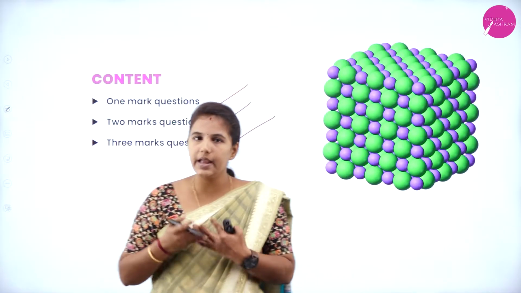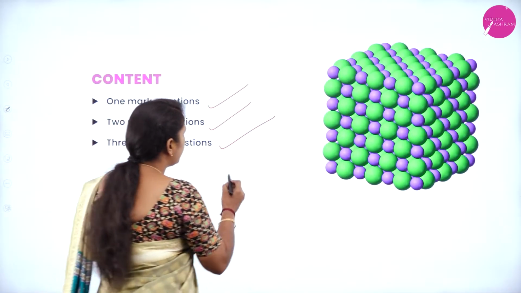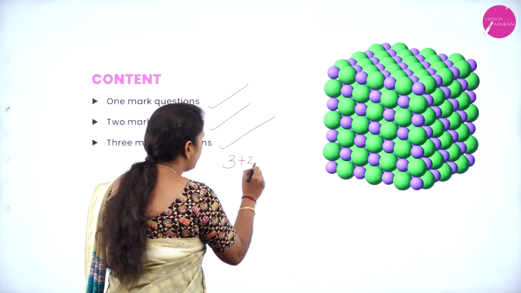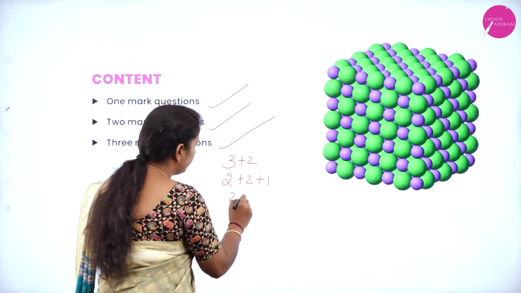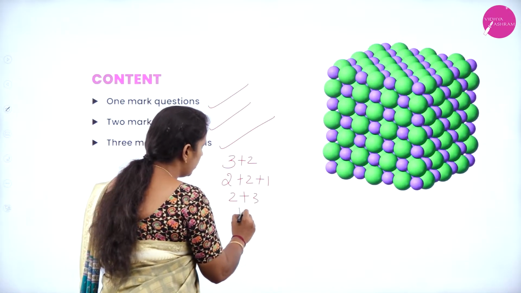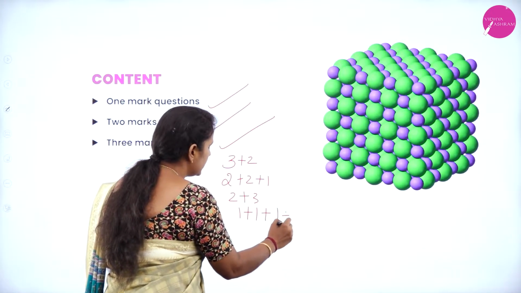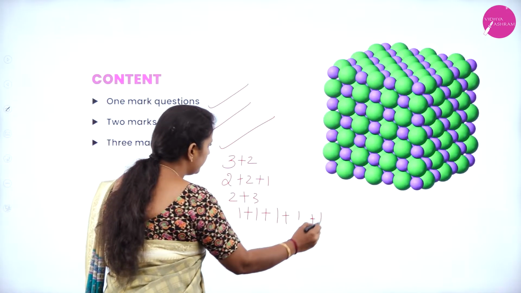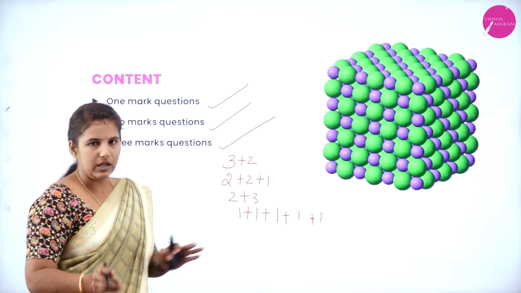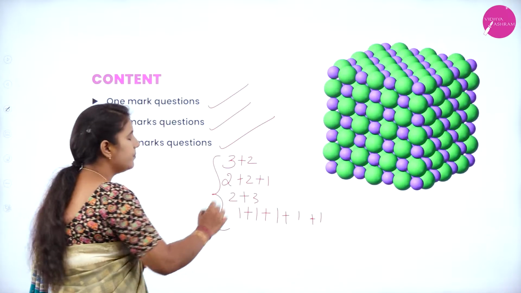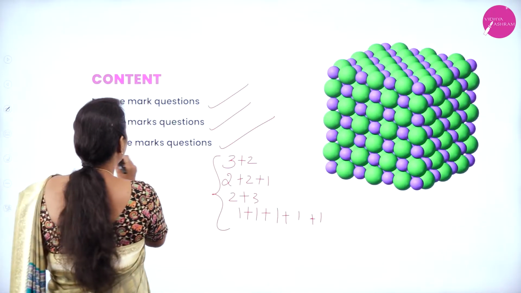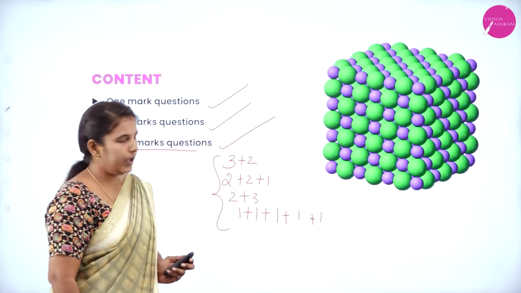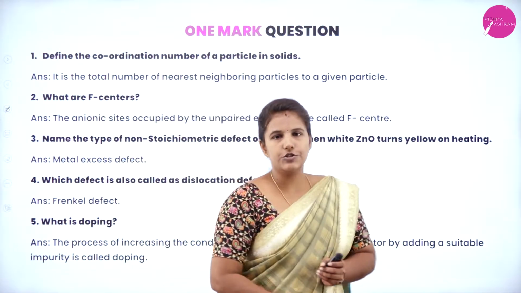Because in chemistry, in the 5-mark question it will always be 3 plus 2, or 2 plus 2 plus 1, or 2 plus 3, or 1 plus 1 plus 1 plus 1. So you must know that there will be a splitting in the 5-mark question. That is why I have put it as a 3-mark question.